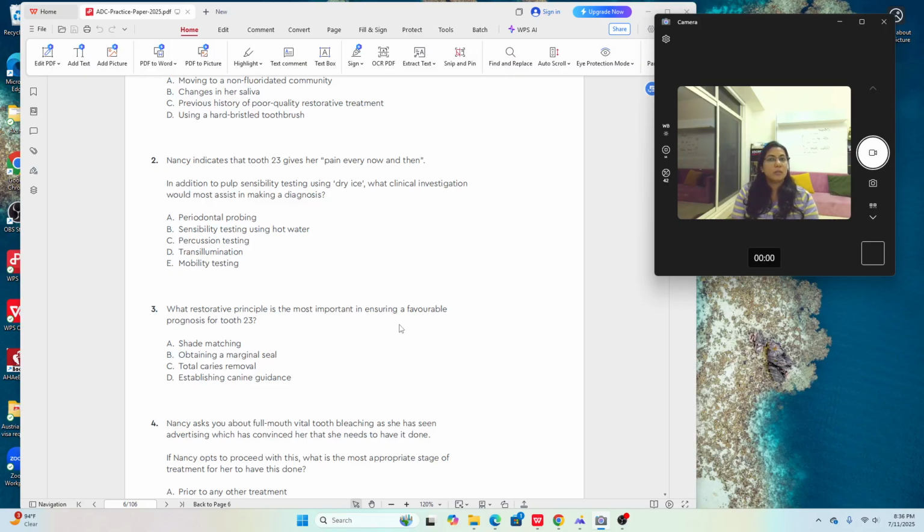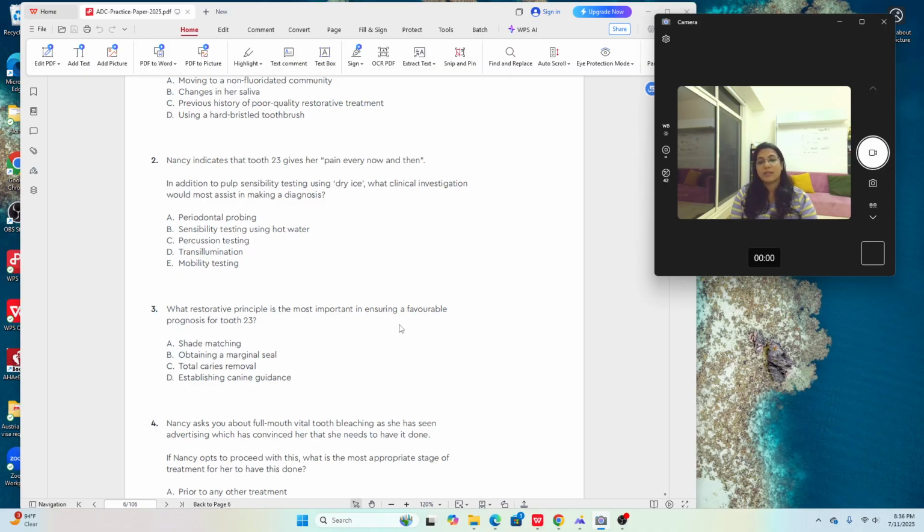Total caries removal, I can further debate on that. Sometimes you leave arrested caries inside. You're not actually removing the arrested caries because it does not need to be removed. So total caries removal is not necessarily an ideal criterion. You can still leave a bit of arrested caries and obtain a good marginal seal, and your restoration would be nice for a long time.